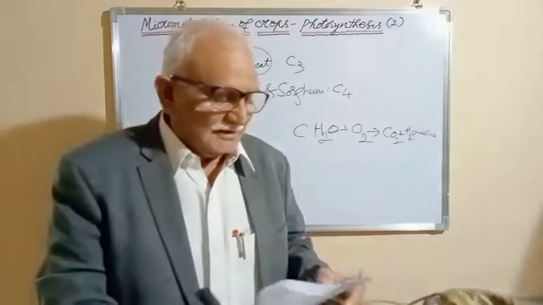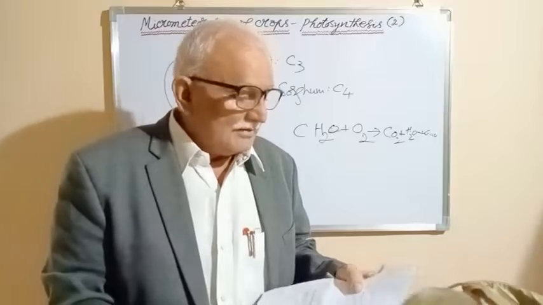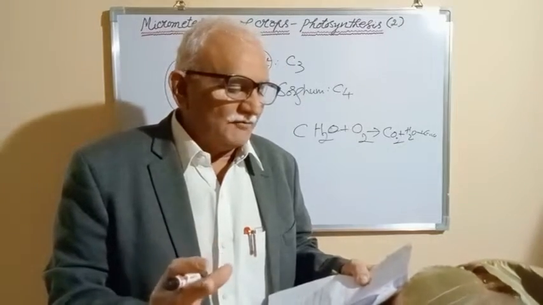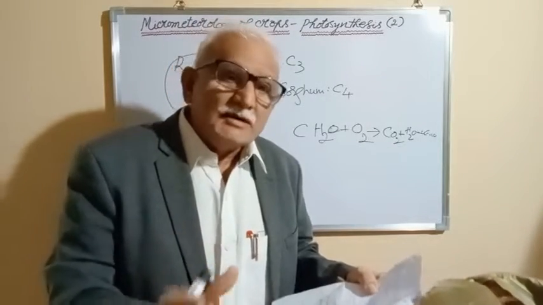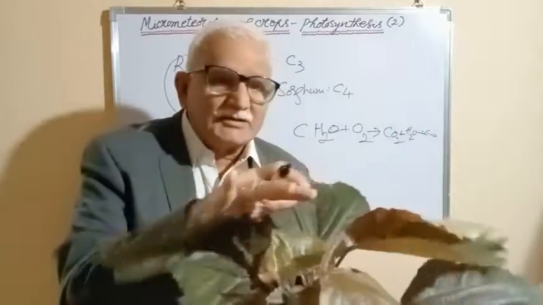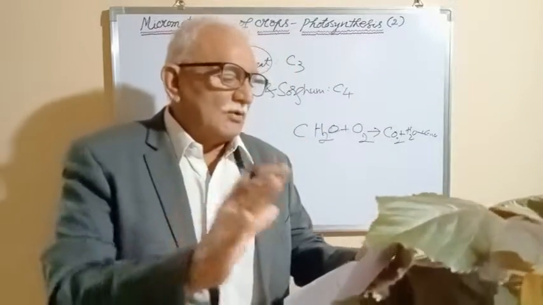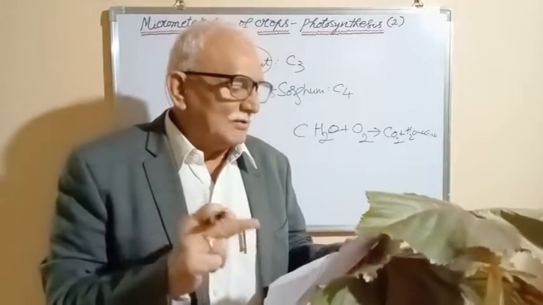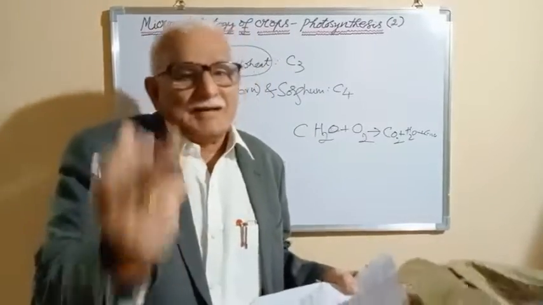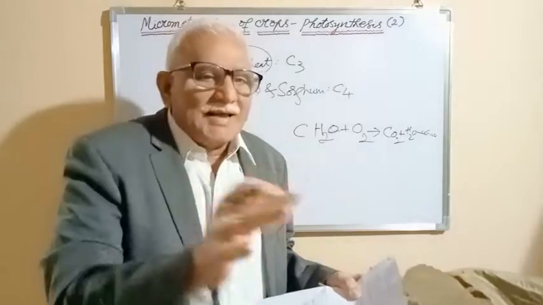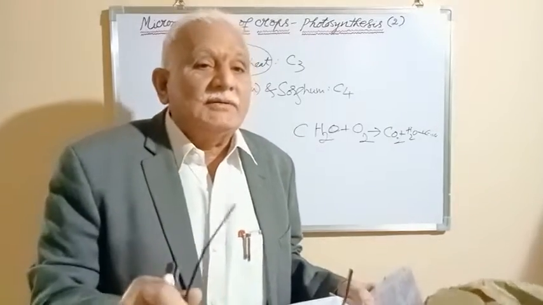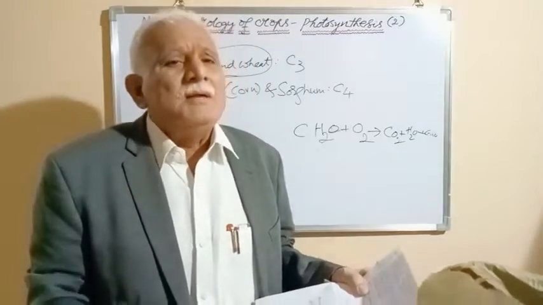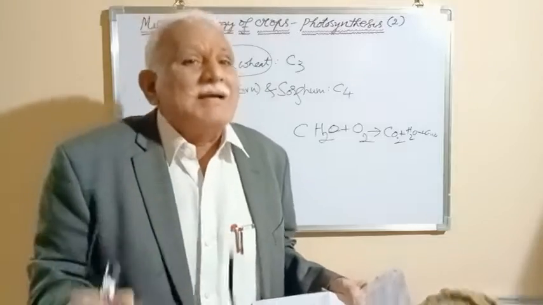Another interesting thing is, in general, the net photosynthesis of cereals is positively correlated with daily maximum temperature, but negatively correlated with night temperature. So positively correlated with the daytime maximum temperature, negatively correlated with the night temperature.